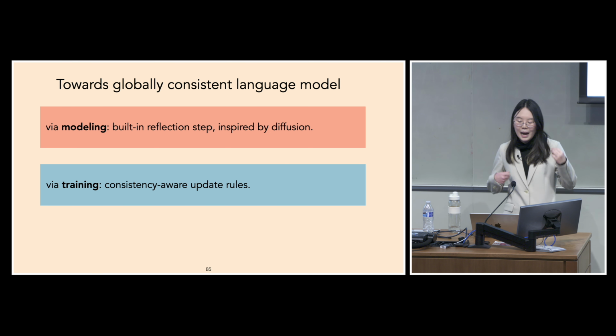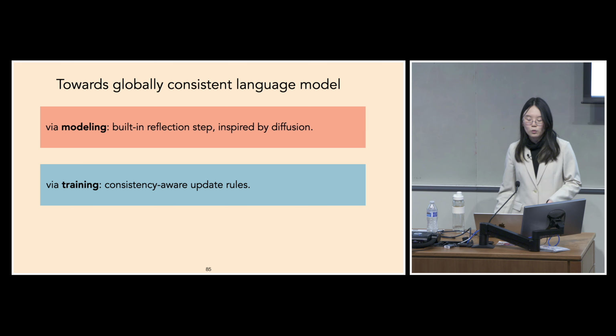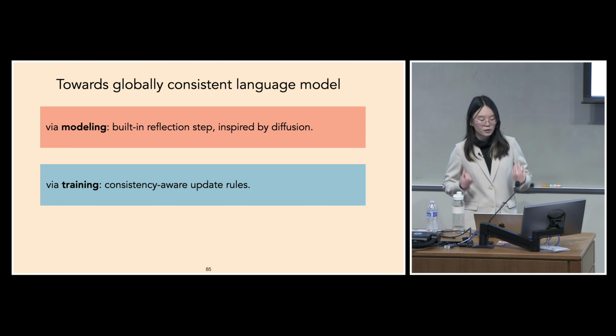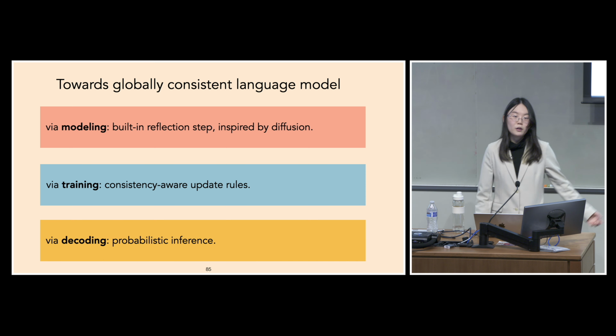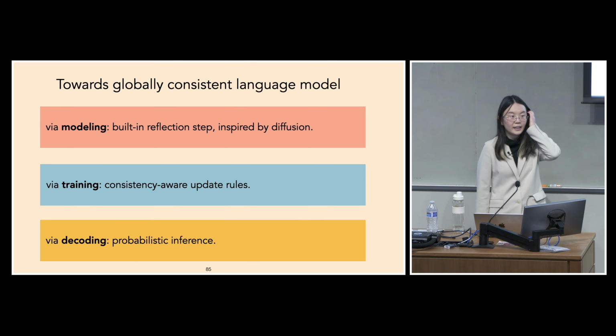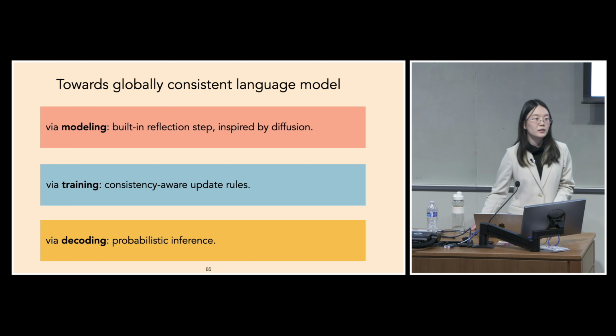We can develop update rules that explicitly regularize for consistency, so when the model sees new knowledge, it will update the parametric storage globally. We could also enforce consistency at decoding time by integrating probabilistic inference to ensure that the output is aligned with some consistent posterior. So there are, of course, many more exciting methods and innovations yet to come.